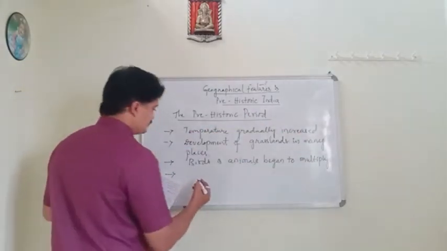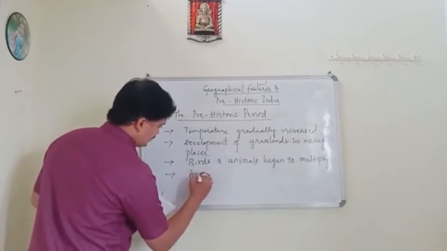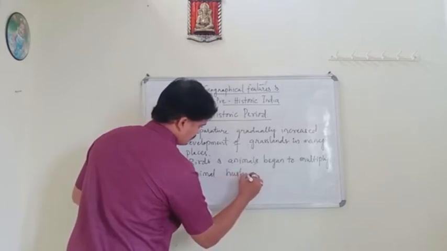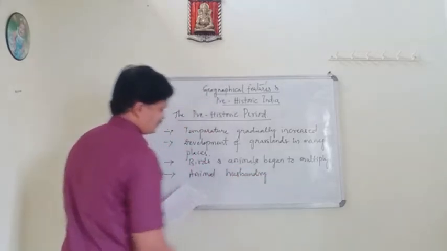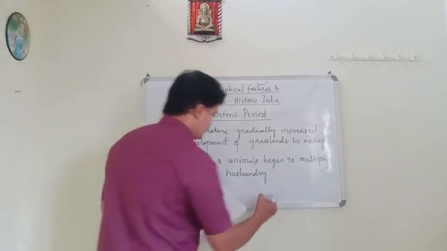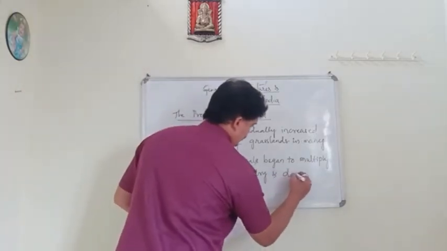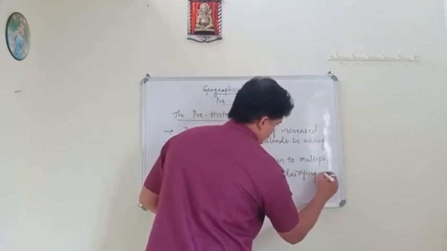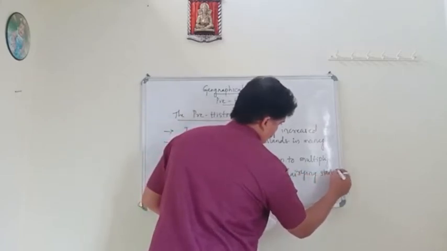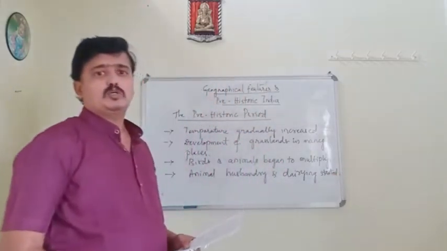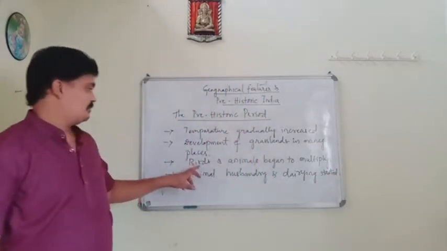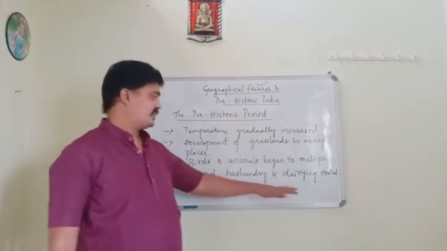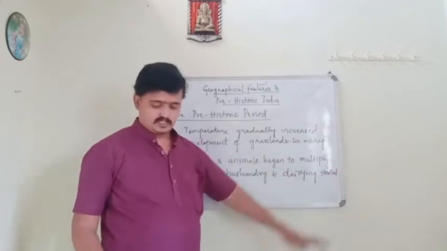But after that, they started animal husbandry, and dairying also started here. Birds and animals began to multiply, and after that animal husbandry and dairying also started.